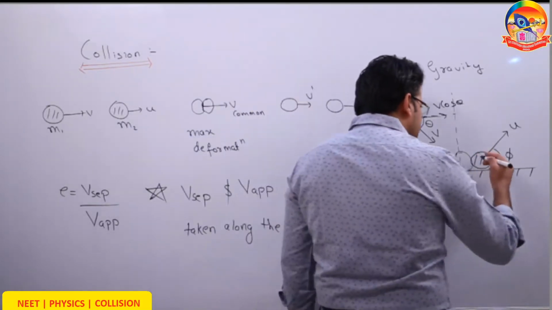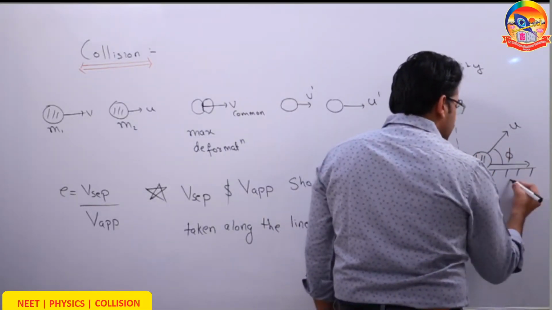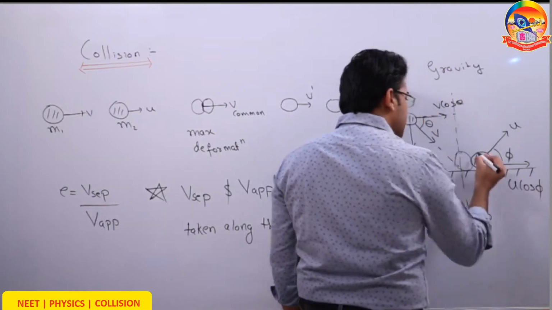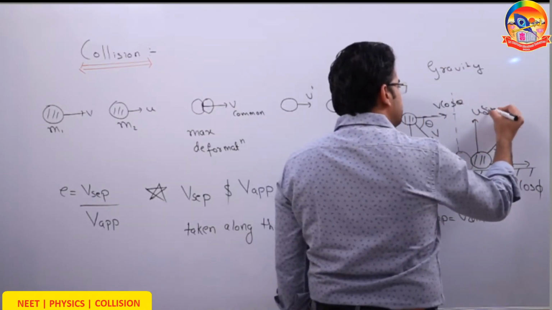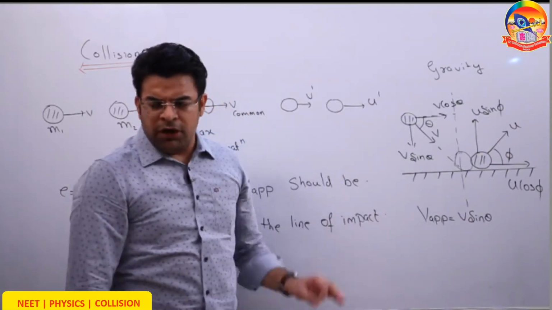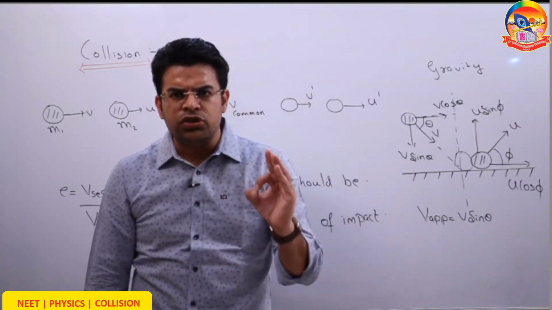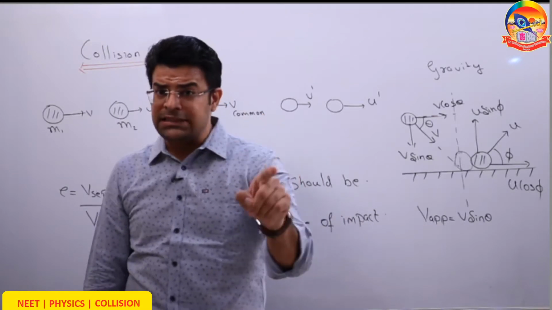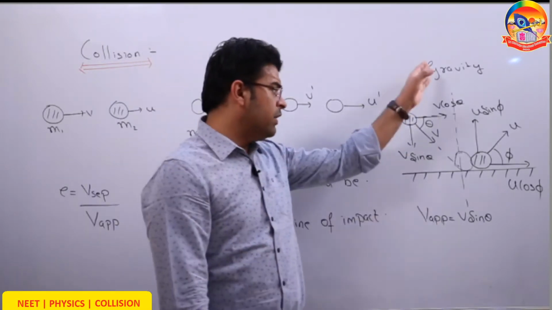I can again break down this velocity u into two components, horizontal component u cos phi and the vertical component u sin phi. How to write velocity of separation? Velocity of separation and velocity of approach should be taken along the line of impact, and in this case the line of impact is a vertical line.